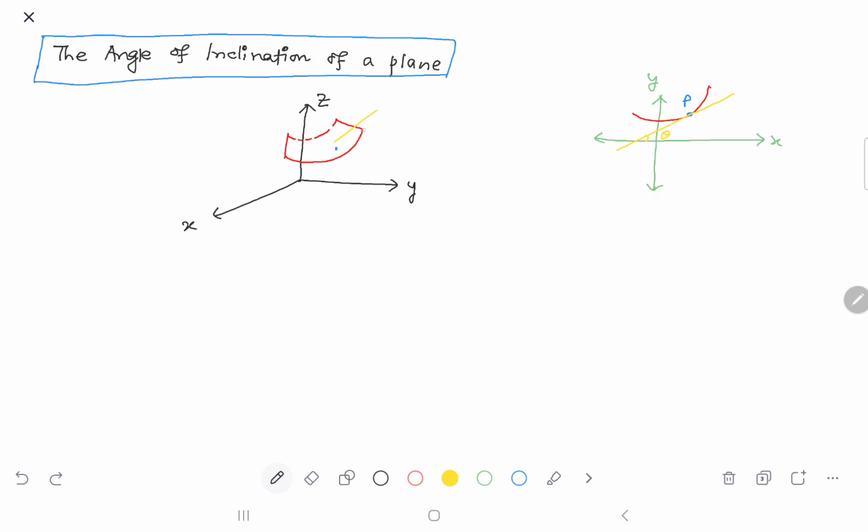This is the surface, and this is the tangent plane.